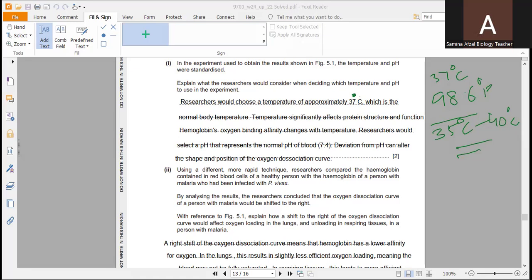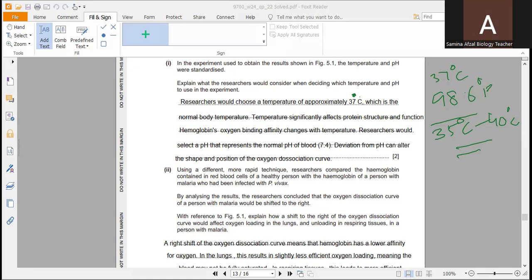In simple terms, when we state the physiological temperature and pH and explain why they are important, we can say that this standardization is important for the reliability and validity of any experiment.